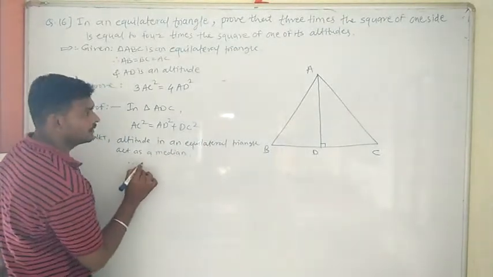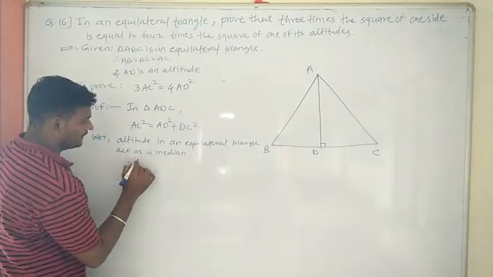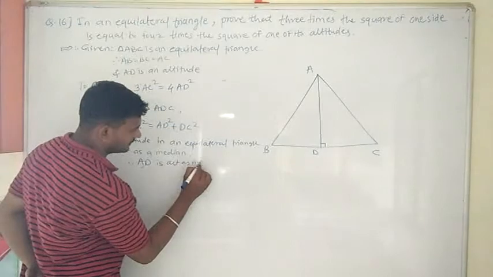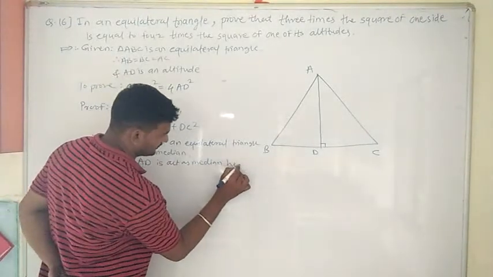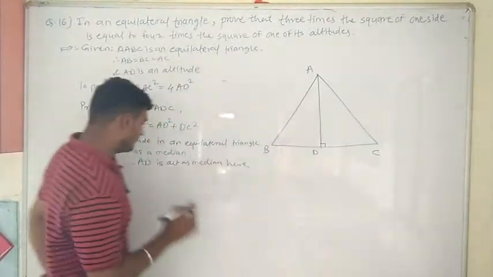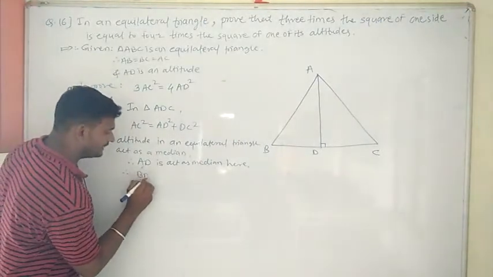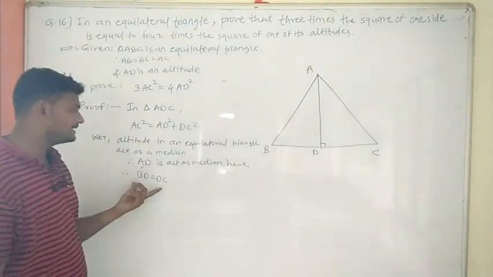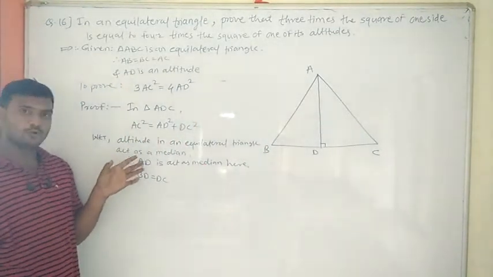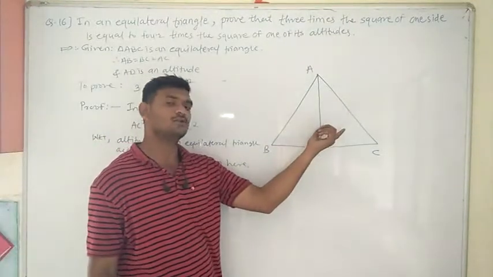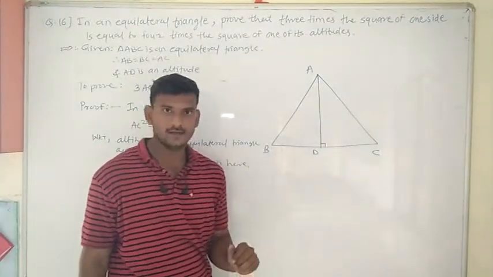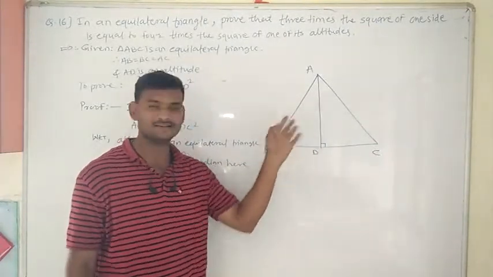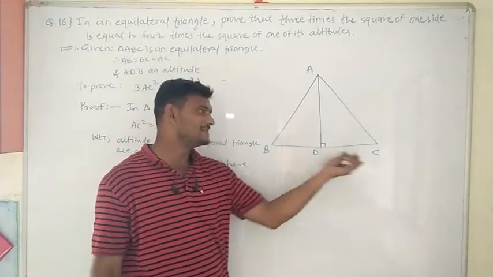Therefore, AD acts as a median here. Therefore, can I write BD is equal to DC? Therefore, we got BD is equal to DC. There is no need to prove it again. If we make these two triangles congruent, then we will get BD is equal to DC. By the RHS rule, these two triangles are definitely congruent. Therefore, BD is equal to DC also we will get.